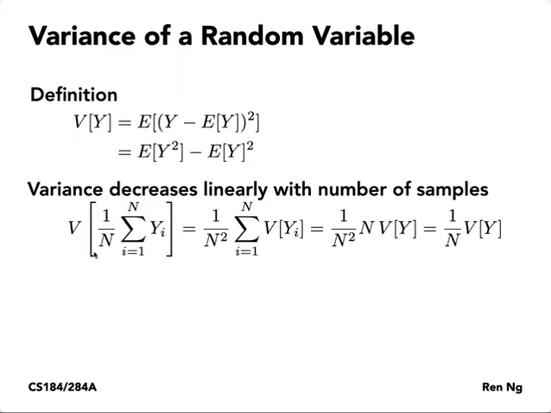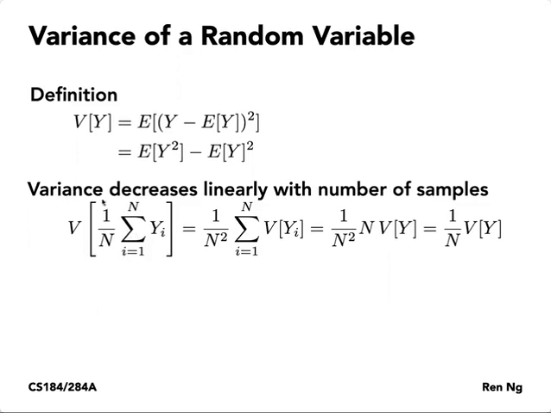How does this work? Look, if we have a random variable y and we have a certain variance for it, we can ask ourselves, what is the variance if we take n copies of that random variable, we draw n samples from that same probability density function and average them.